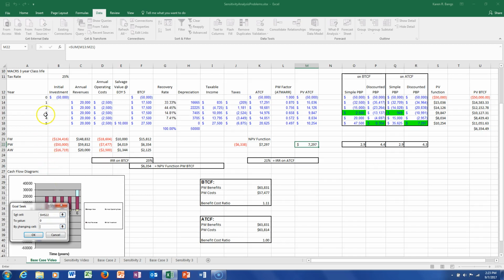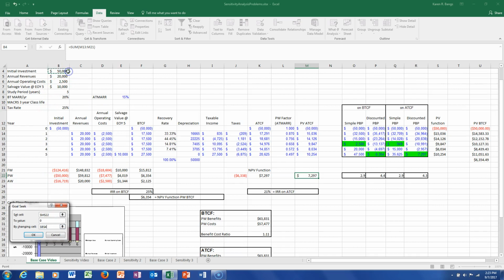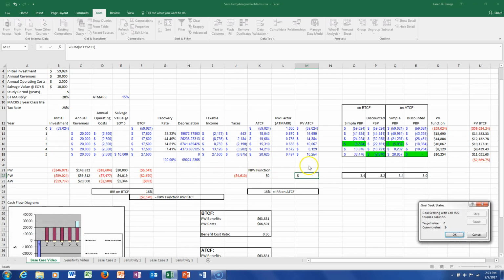And we want to know how much does the investment have to change in order for the net present value to drop to 0. So we want to set the net present value to 0 by changing the investment. So we hit go, and we see, oh, now we have investment of 0.